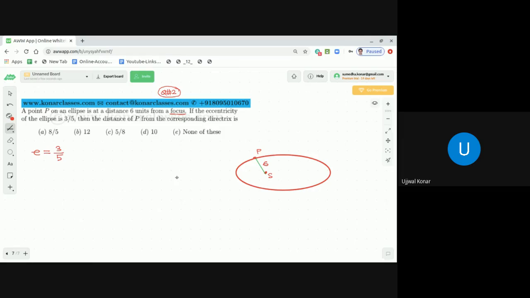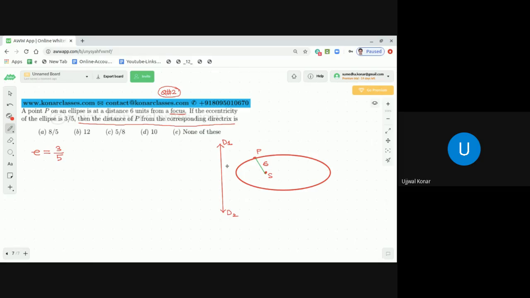So dear students, if we draw the directrix, where will it be? The corresponding directrix will be here. If I make a symbolic representation, D1, D2 is the directrix. What you need to find is the distance of P from the corresponding directrix.